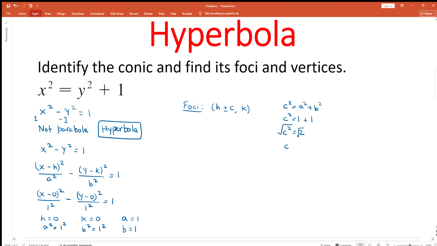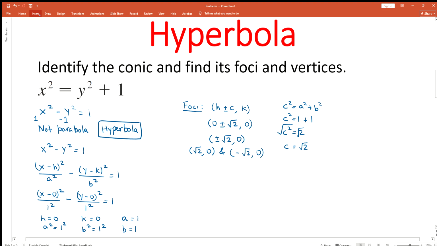I get c equals square root of 2. The value of c is always positive. Now we can use the values of h, c and k to find the foci. So the two foci are square root 2 comma 0 and minus square root 2 comma 0.